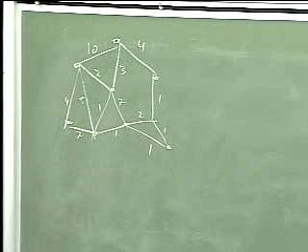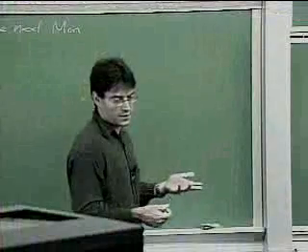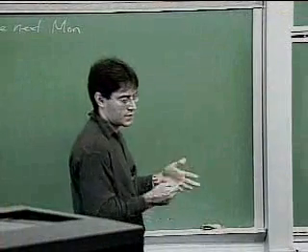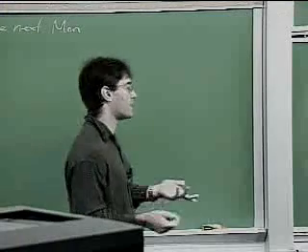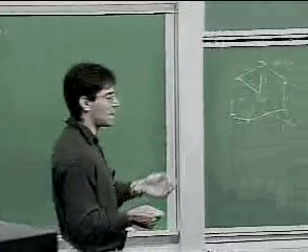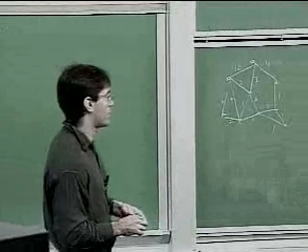I always find an edge of minimum weight that hasn't already been added to the graph, which doesn't form cycles with the current graph. Currently I have nothing in the graph, so all I've got to do is find minimum weight. So I can take any edge of weight 1 and add it to the graph.